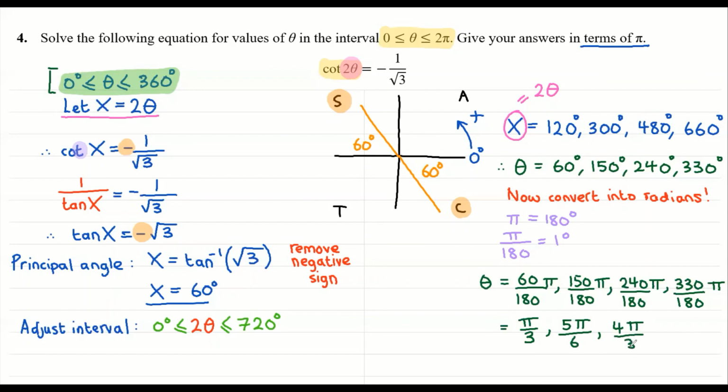So 4 pi over 3, dividing by 60, top and bottom. And then the last one, I'm going to have 11 pi over 6. Again, dividing by 60. So again, you can do that on your calculator if you need to.